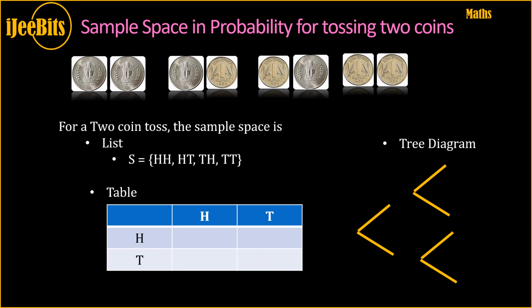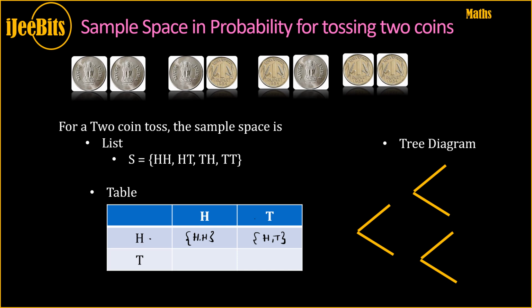Now you can build a table. What I'm saying is this is head and head. The combination here is head and head. Now here, head and tail. So your set is head comma tail.